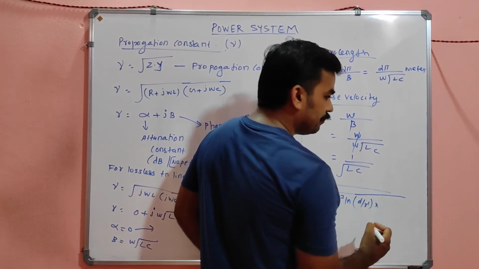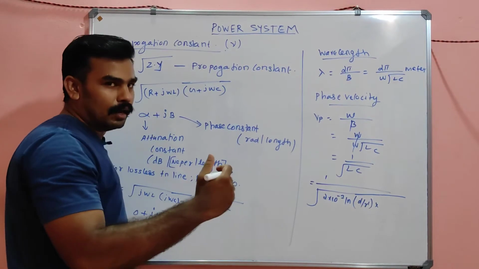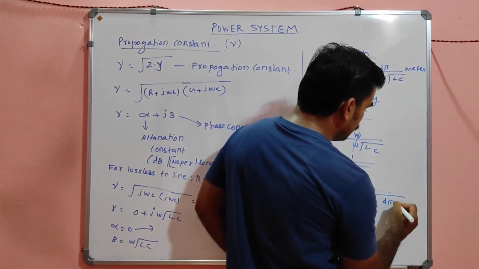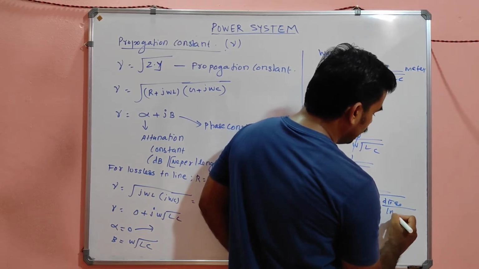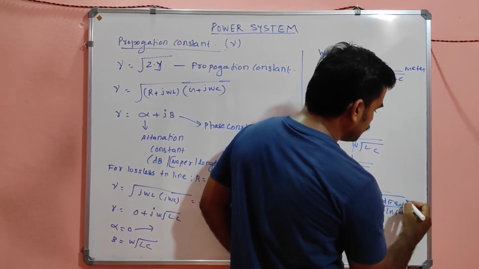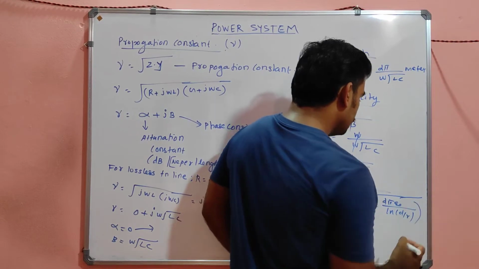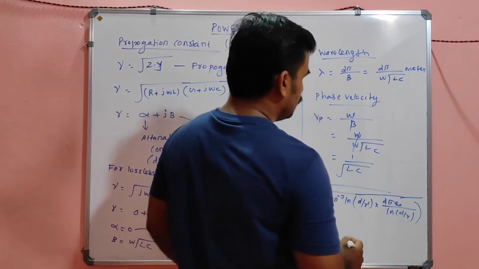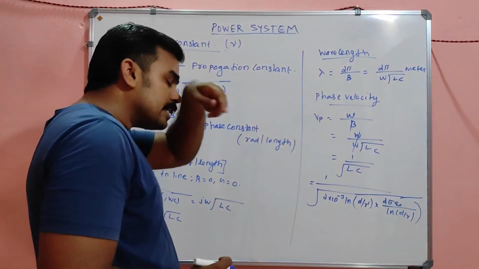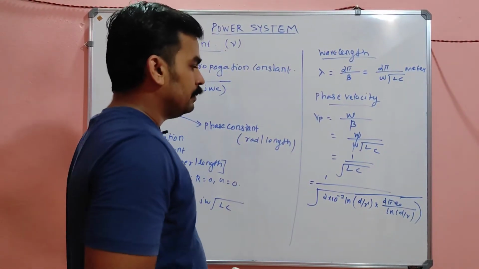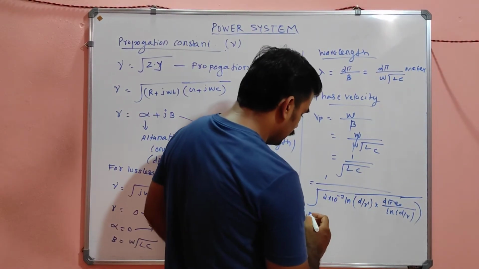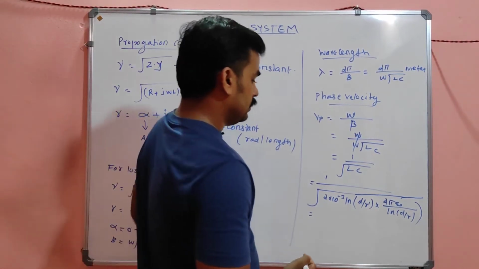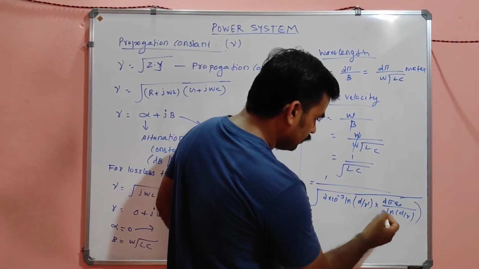And what is C? Capacitance with respect to the ground, which is nothing but 2 pi epsilon divided by ln d by r. So this is the inductance as well as the capacitance equation. Taking the value of d, no need to take it, they will cancel each other.